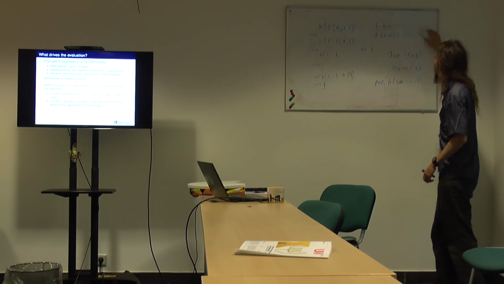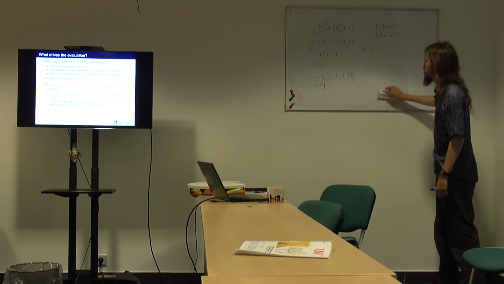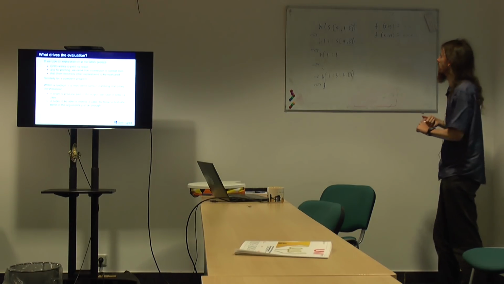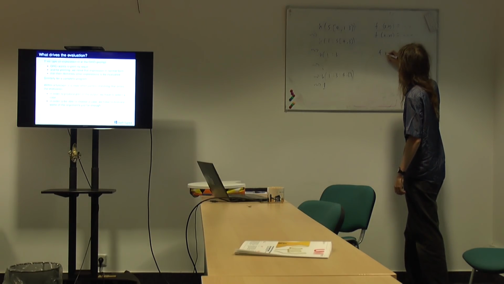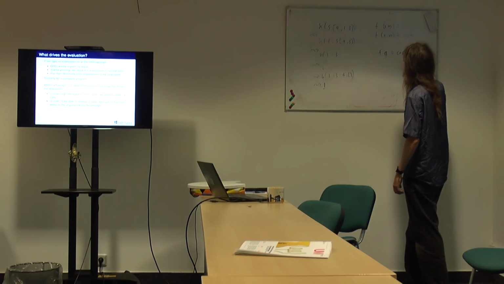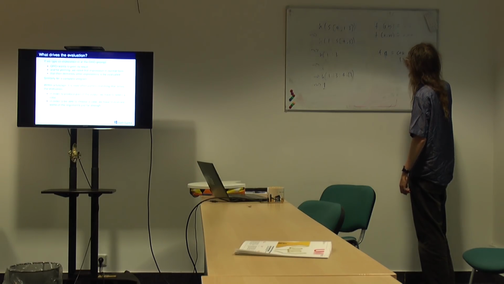If we were to split that up into a series of simple patterns using just case expressions, we could redefine this as f of A equals case A of, and we're only going to use simple patterns now, not compound patterns. So we'll just say B cons B's or empty.